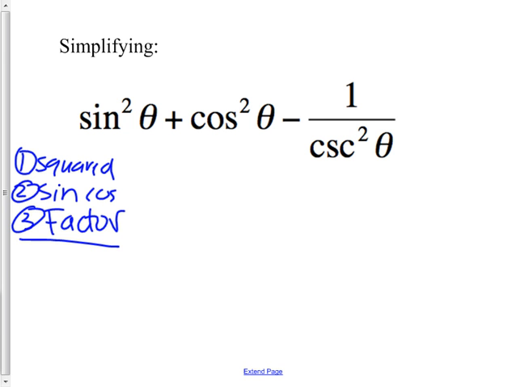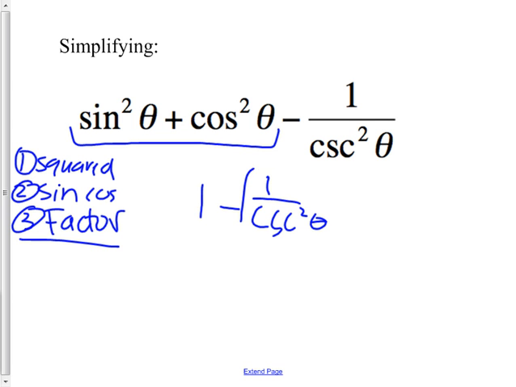But for this one, I first look, is anything being squared? Yes. And what is sine squared of theta plus cosine squared of theta? 1. So then I'm left with 1 minus cosecant squared of theta. Well, this is another identity. And what is that? Sine squared. So then I get 1 minus sine squared of theta.